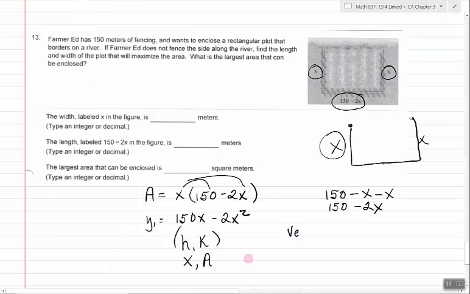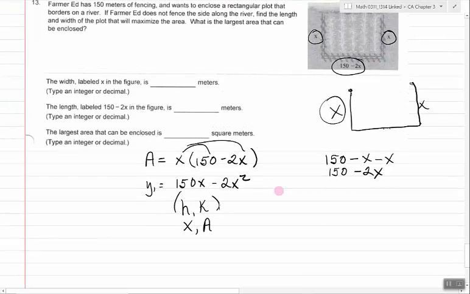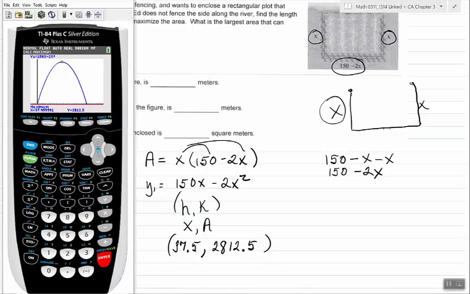The vertex, well, I can do it down here. It is 37.5, comma, 2,812.5. Let's double check that. Okay.